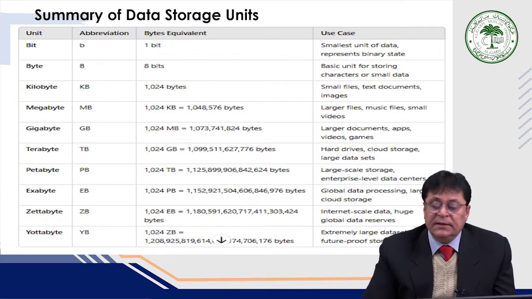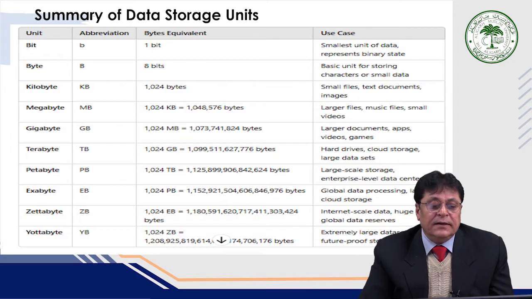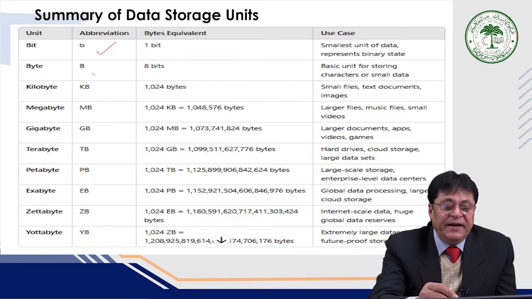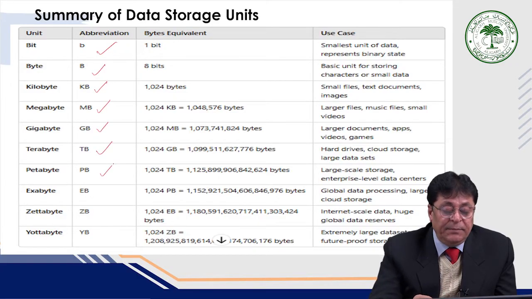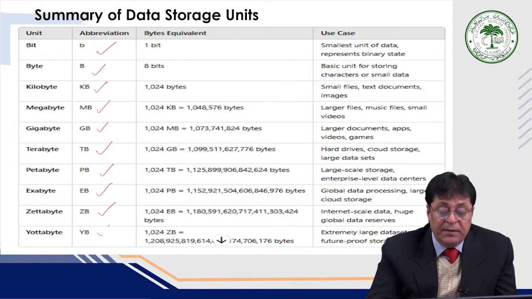This is again a summary of data storage: bit represented by small b, byte by capital B, kilobyte KB, megabyte MB, gigabyte GB, terabyte TB, petabyte PB, exabyte EB, zettabyte ZB, yottabyte YB.